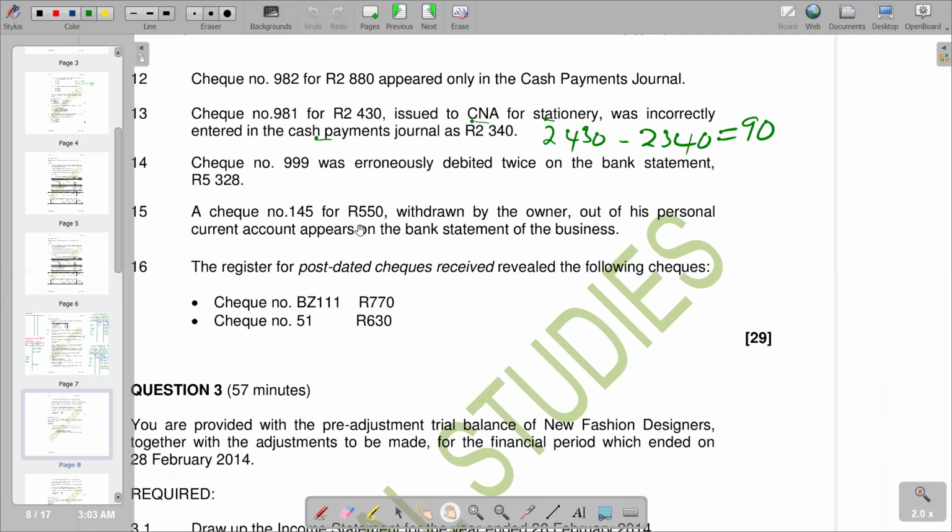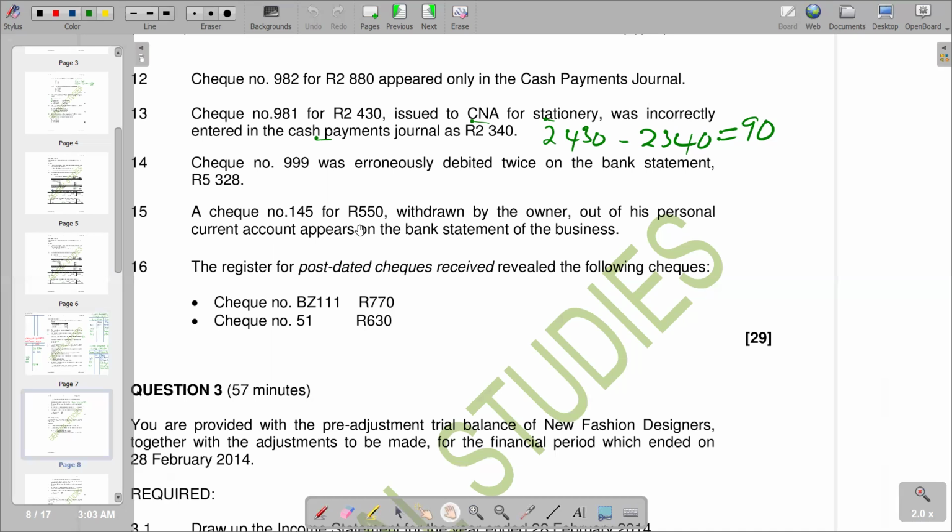So basically, these are drawings that are taking place, and obviously it's money of the business. So there is no adjustment that we are supposed to make for that 550, because we are just going to give a description in the books of accounts that it is drawings, although it was taken by the owner for his personal use. We are not going to make any adjustments in terms of that 550. So we can just ignore that one.